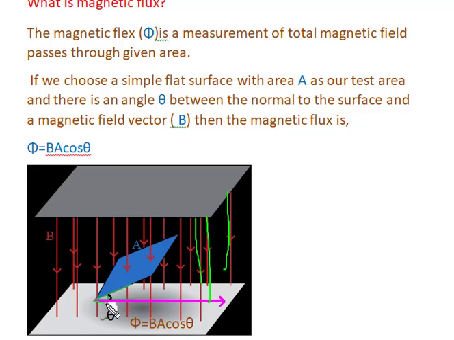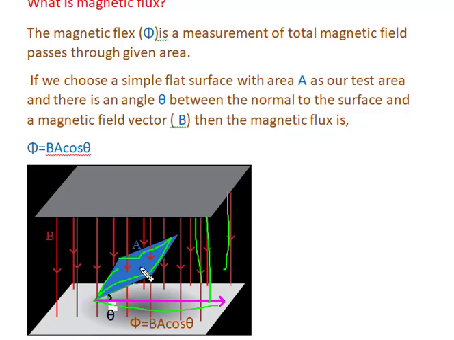The normal is a perpendicular line drawn to the surface, and this line is called the normal line. The magnetic lines of force pass through this flat area.